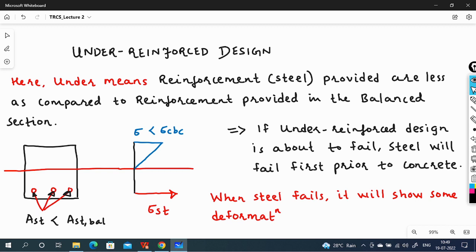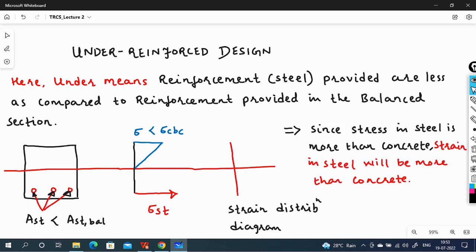The occupants can clearly see that the beam is about to fail, and they can safely evacuate themselves from the building. So this is why we are told to design the beam as under reinforced design, so that the occupants, those who are living in the building, can safely evacuate themselves from the building.